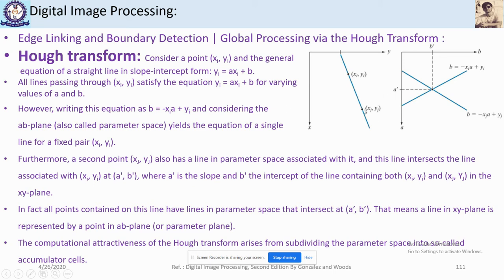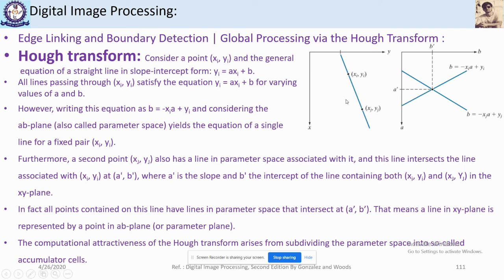Suppose this is one point xj, yj. It also has a line in parameter space associated with it, and this line intersects the line associated with xi, yi at a', b', where a' is the slope and b' is the intercept of the line containing both xi, yi and xj, yj in the xy plane.